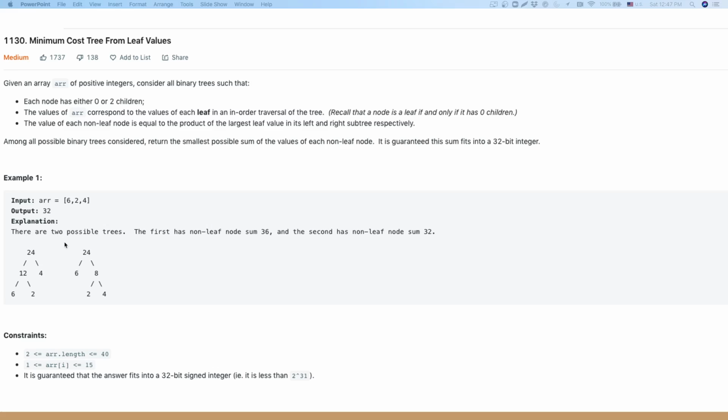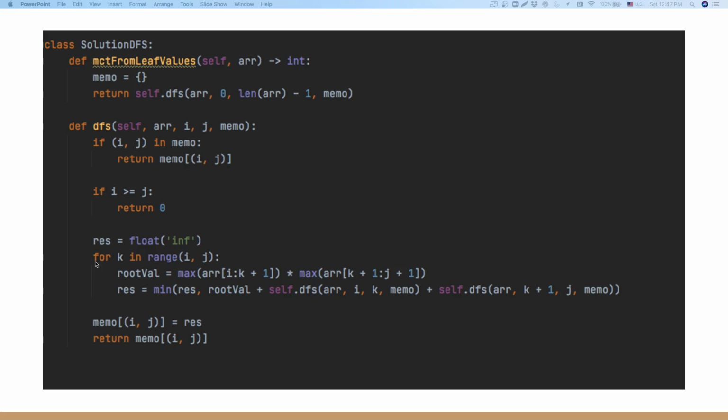So all we need to do is, just like burst balloon, we are bursting each of them. So we're picking every one of them as a parent node. And then we just keep going over. So how do we do that? We still have the left and right, and we're still breaking down from our left and right. And just the middle has something different.